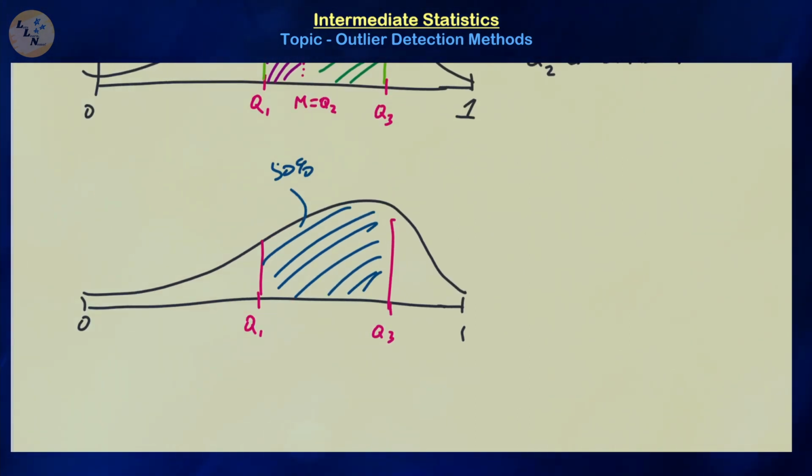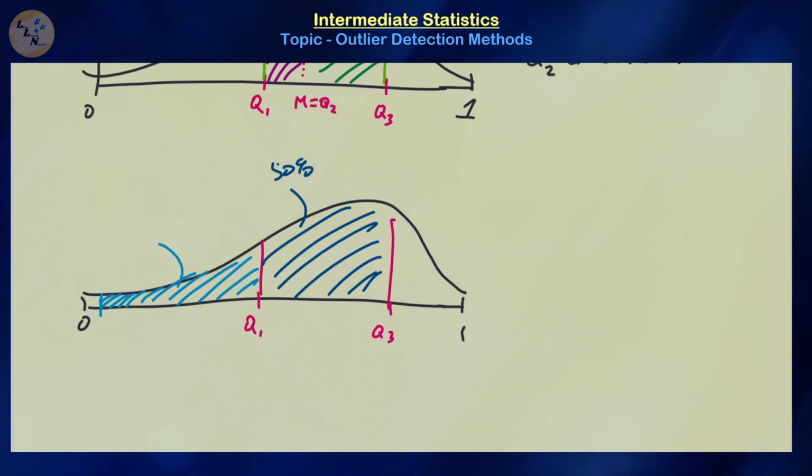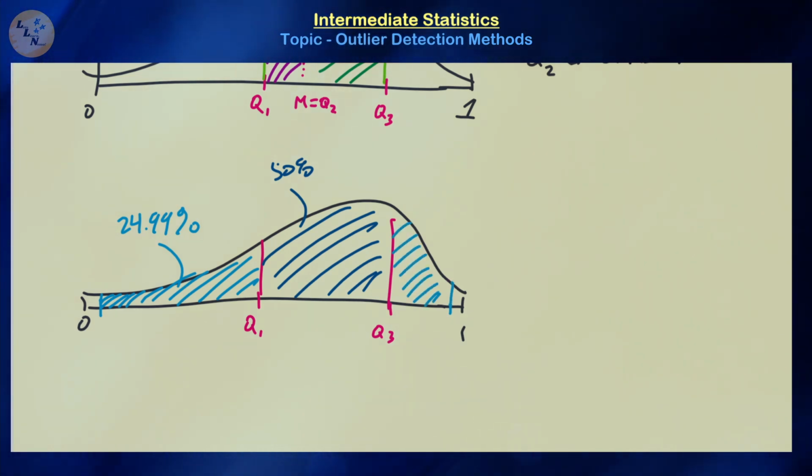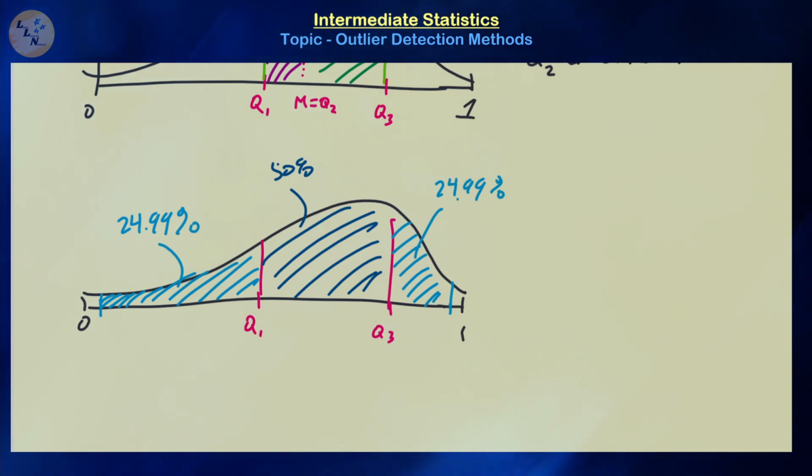So we know that the entire area to the left of Q1 is 25%. So let's go all the way out to some point close to 0 such that this area is 24.99%. Let's also do an area over here of the same exact value, 24.99%, because we know there's 25% area there to play with, but let's cut it off at 24.99%.